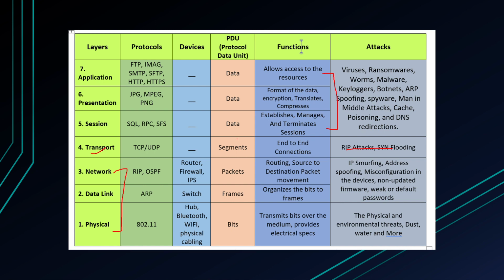In the network and data link layers, there are IP spoofing, address spoofing, misconfiguration in devices, non-updated firmware, and weak or default passwords. These types of attacks have a chance to happen. And the last one is the physical layer. There is not really any attack, but physical and environmental threats like dust, water, and more can happen in the physical layer.